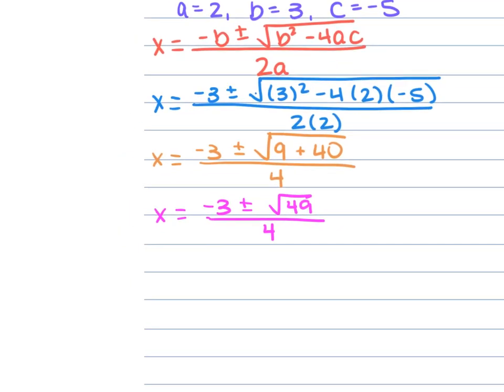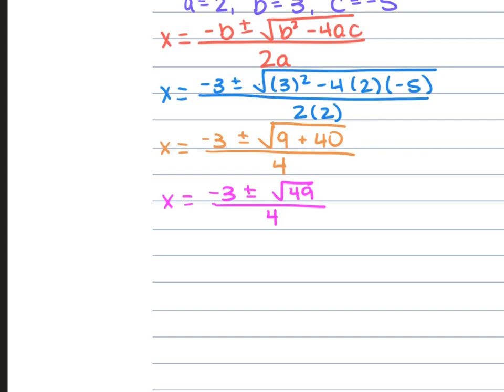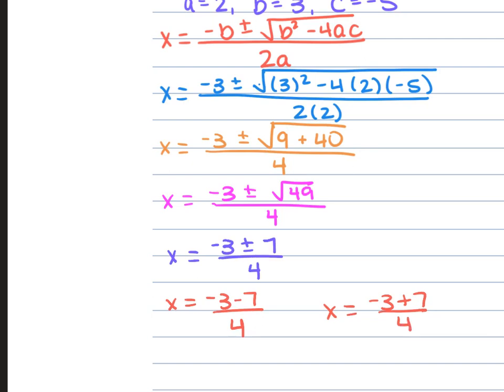So we're going to separate this into two equations once we get that square root of 49, which is 7. So x is equal to negative 3 plus or minus 7 over 4. So this is x is equal to negative 3 minus 7 over 4, as well as x is equal to negative 3 plus 7 over 4.